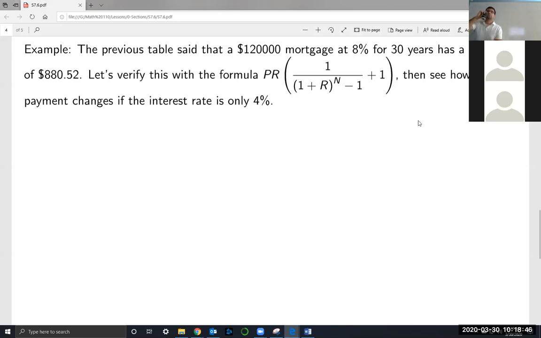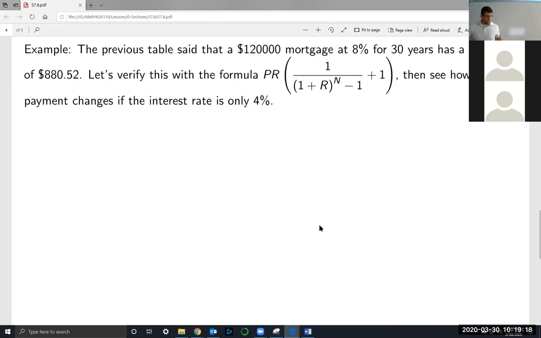So let's do an example. The previous table said that a $120,000 mortgage at 8% for 30 years has a payment of $880.52. Let's verify this with the formula we were given, and then see how this changes if the interest rate is only 4%.